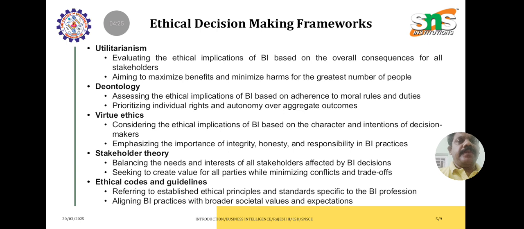It is the process of evaluating the ethical implications of BI based on the overall consequences for all the stakeholders. It is aiming to maximize the benefits and minimize the harms for the greater number of people. And deontology, where it is used to assess the ethical implications of BI on the adherence to moral rules and duties. It is prioritizing the individual rights and autonomy over aggregate outcomes.